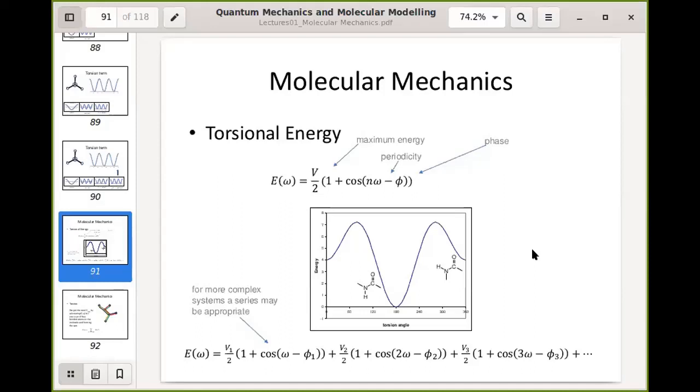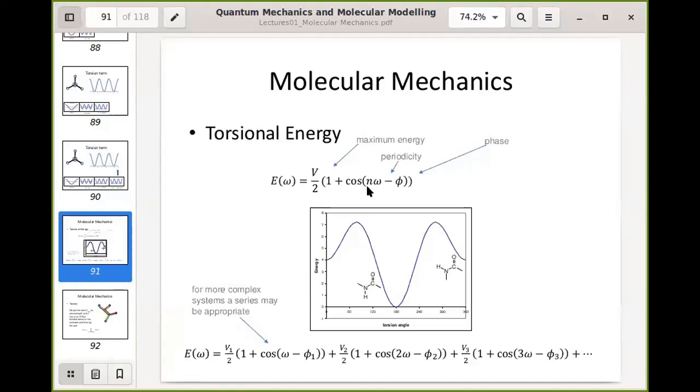We have to use a cosine function in some way for torsional energy. For torsional energy, we have to have an n value, and that n value determines the periodicity. If it's 1, we've got 1 maximum as you rotate the torsion angle through 360 degrees. If it's 2, you've got 2 maxima.